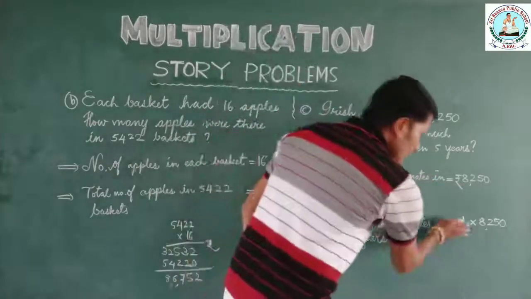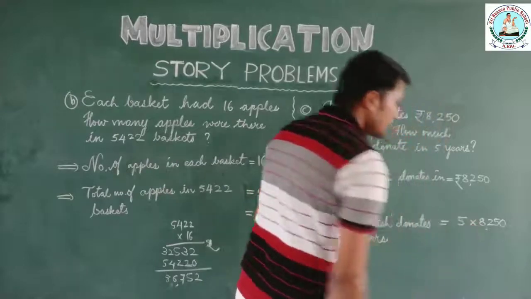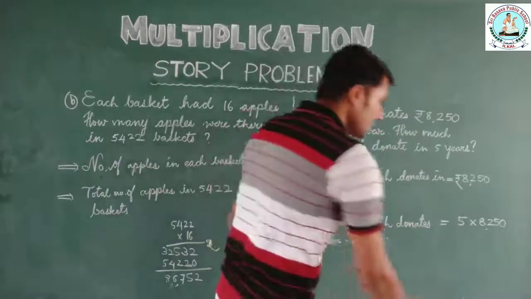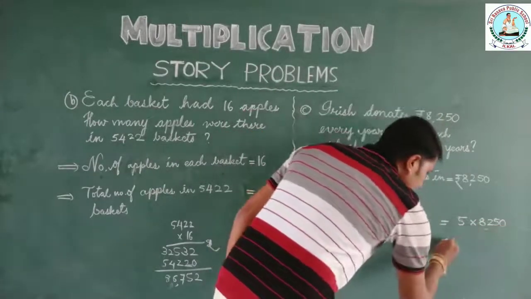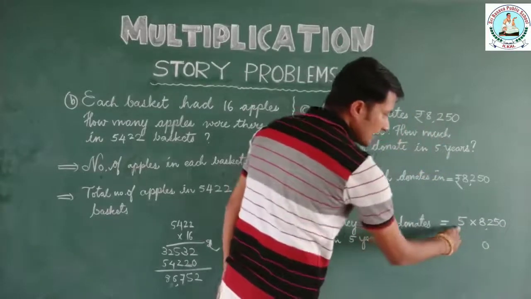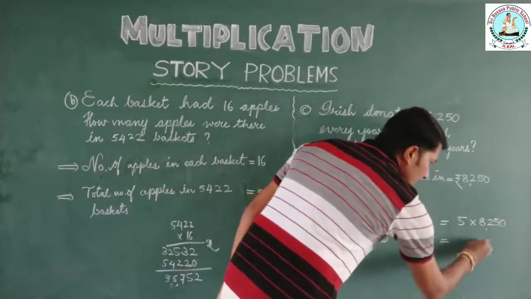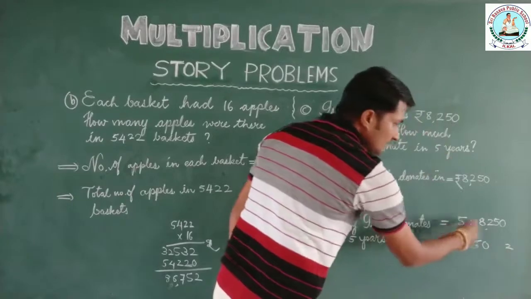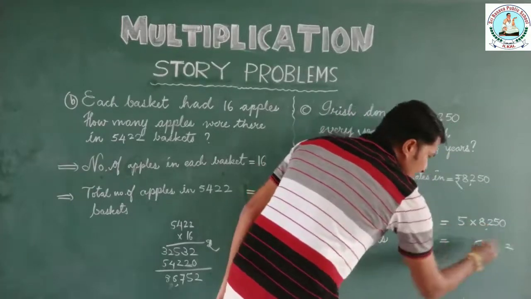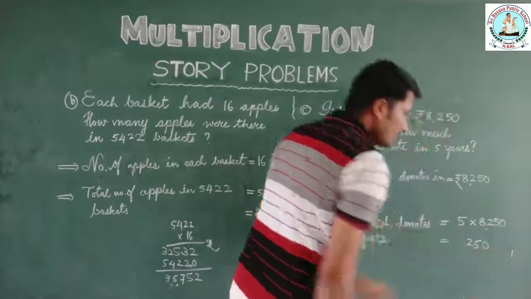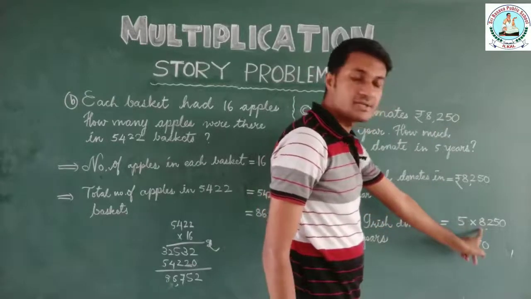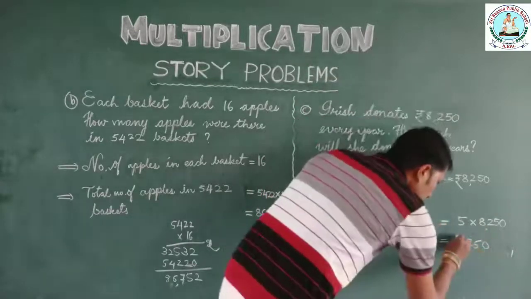So in place of 1, what you have to write? It is 5. So let us multiply this. 5 times 0, 0. 5 times 5, 25, 2 carry. 5 times 2, 10, 10 plus 2, 12, 1 carry. Then 5 times 8, 40, 40 plus 1, 41.